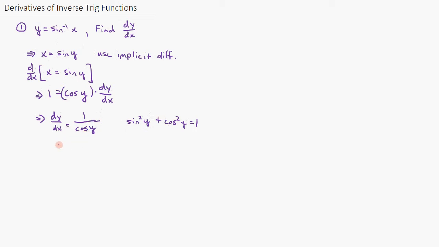Solving for cosine of y, you get dy/dx is equal to 1 over the square root of 1 minus sine squared y. The sine of y is equal to x, so we can plug it back in. So dy/dx is equal to 1 over the square root of 1 minus x squared.